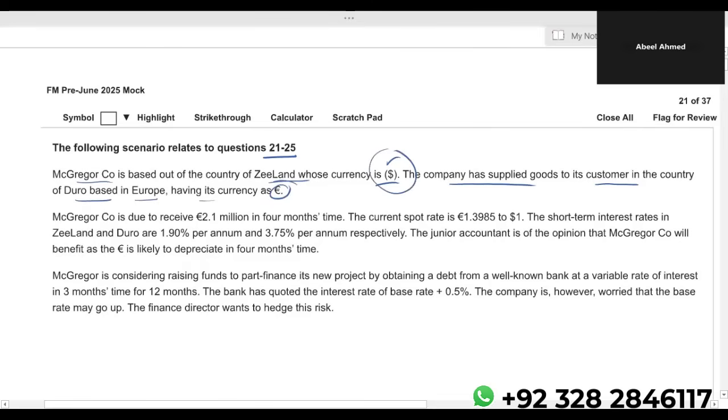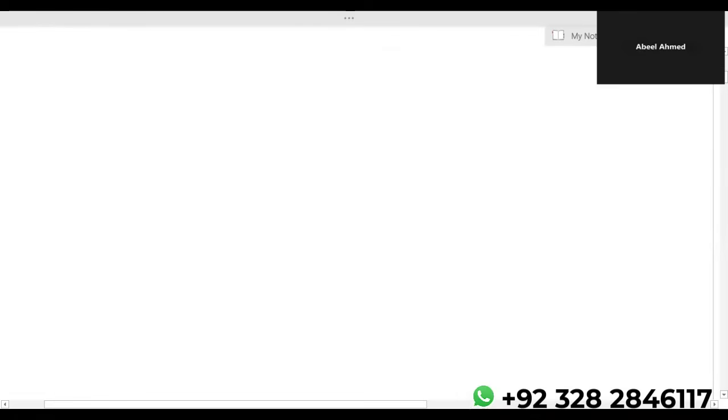Foreign currency is euro. Now it's very simple. Your local currency is dollars and foreign currency is euro. Mac George is due to receive 2.1 million in 4 months' time. Now come here.